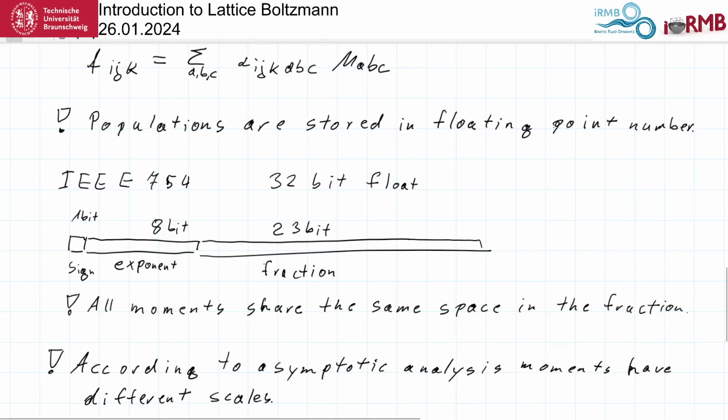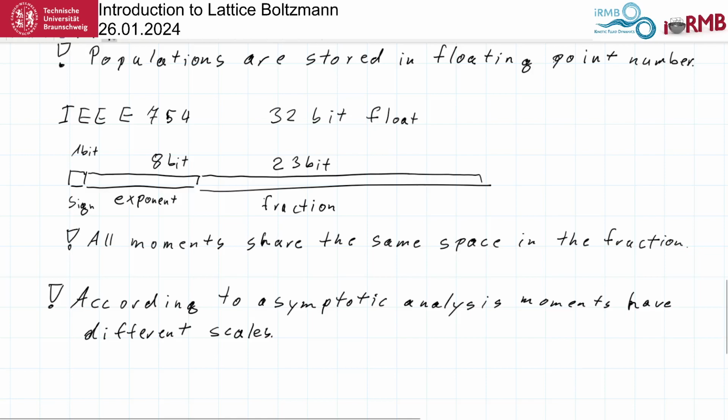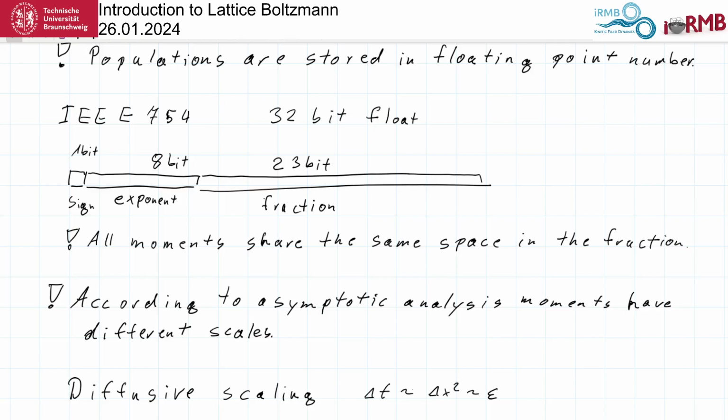We can do this in diffusive scaling or in acoustic scaling. Let's say diffusive scaling is the correct one because it converges to the Navier-Stokes equation. Let's use diffusive scaling, where delta t is proportional to delta x squared, which is proportional to epsilon, our smallness parameter.